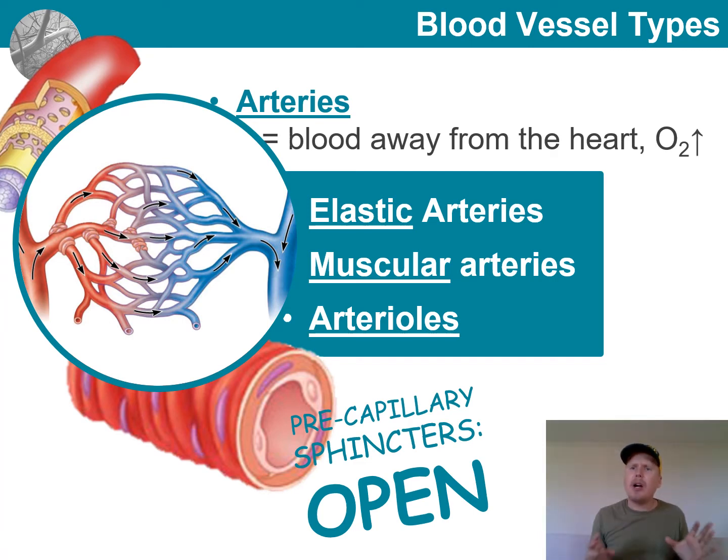Notice that these are smooth muscle bands looking kind of like rings around the capillaries that branch off from the arteries. And on this figure, we can see all of them being open, allowing much of the blood to be directed to this particular capillary bed that we are shown.